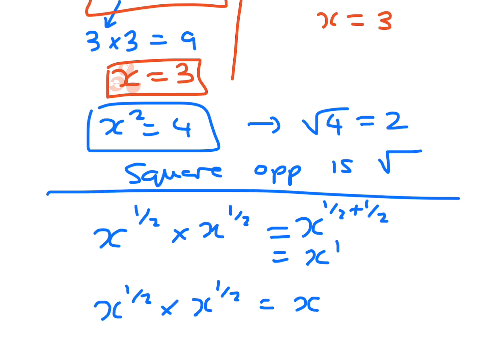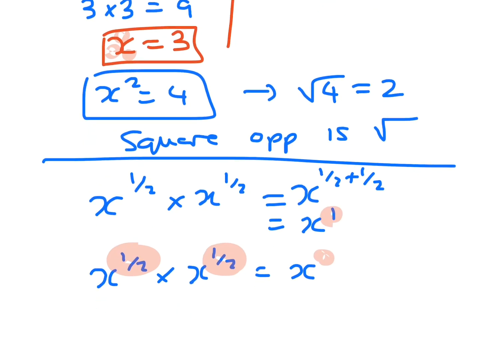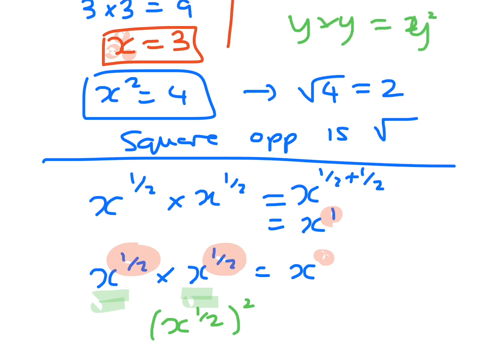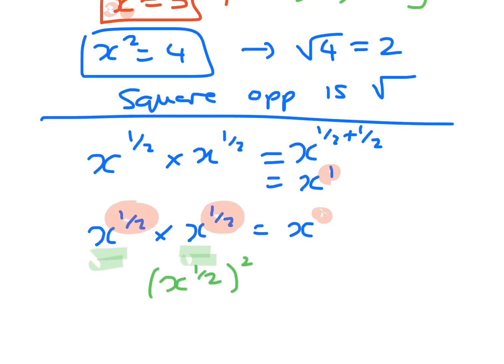When I multiply something by itself, another way of writing that is to write it squared. It's the same as if I had y times y, we'd write it as y squared. If I had 4 times 4, it could be 4 squared. So x to the half times x to the half is x to the half all squared.